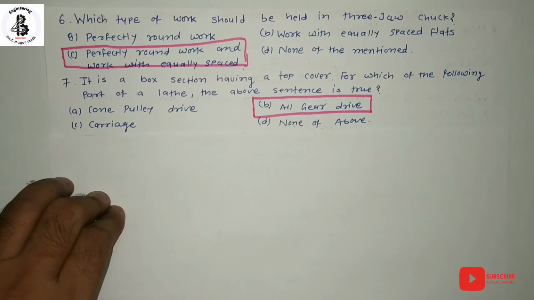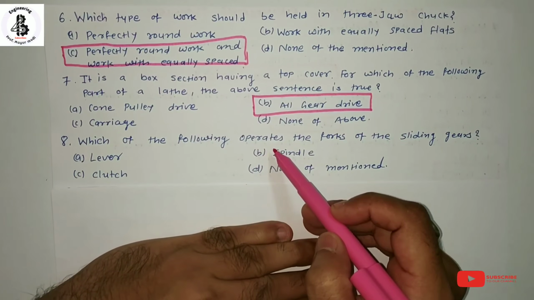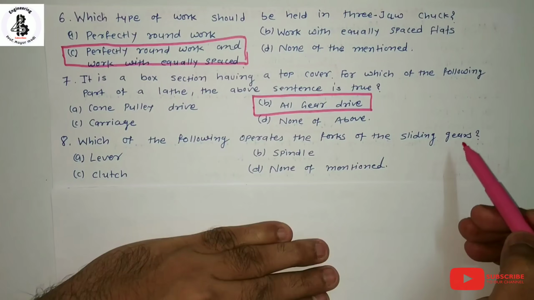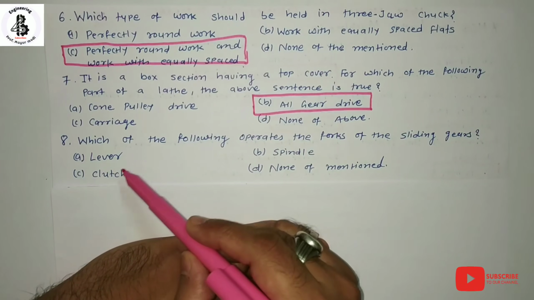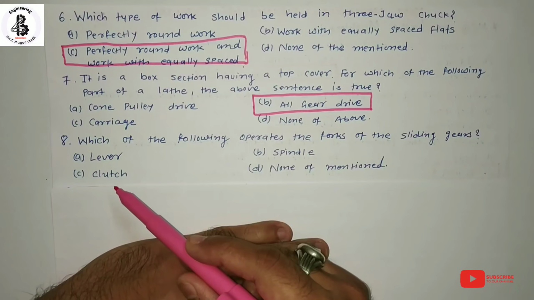Then next question, which of the following operates the fork of the sliding gears? Option A, lever. Option B, spindle. Option C, clutch.